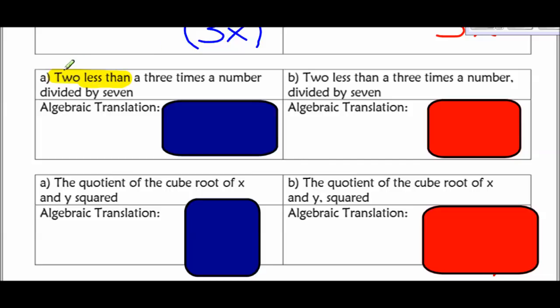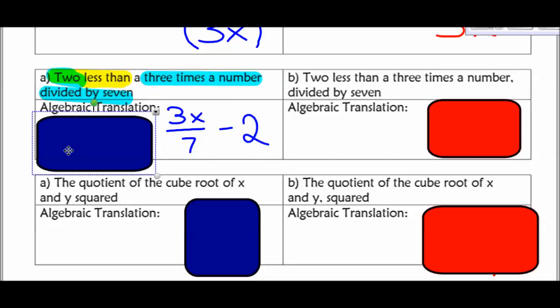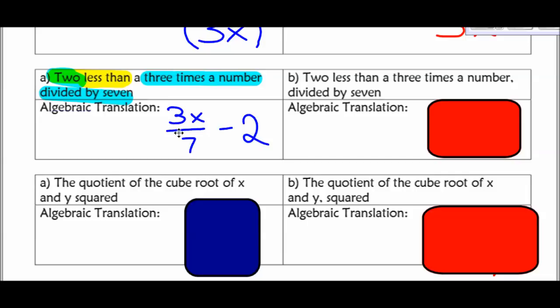And we're flipping the 2 and 3 times a number divided by 7. All of that is one term. It's 3 times a number divided by 7, and then we're taking 2 away from that. 2 less than that entire phrase, 3 times a number divided by 7.